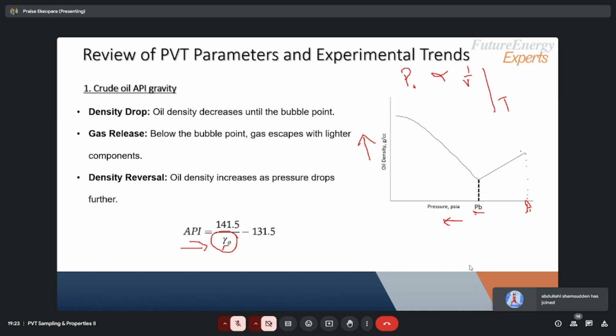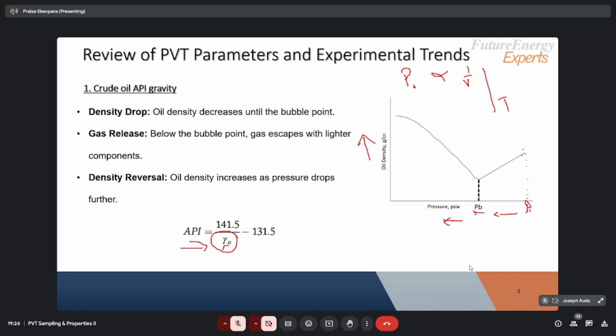So at initial condition, the single phase region, the oil density starts at a very high level. Then as pressure drops, the volume of gas sees enough space within the fluid to expand. So expansion, which is increase in volume, happens as pressure declines.